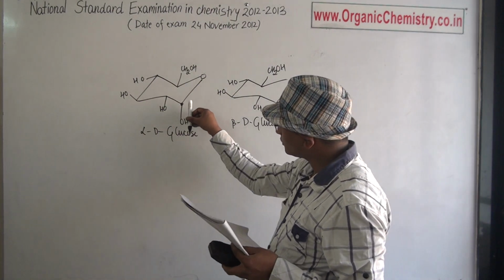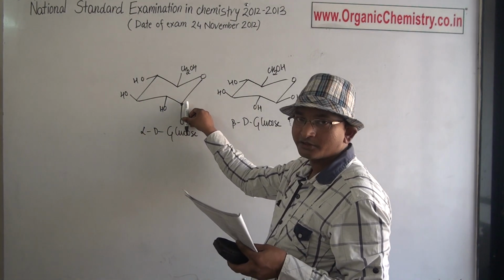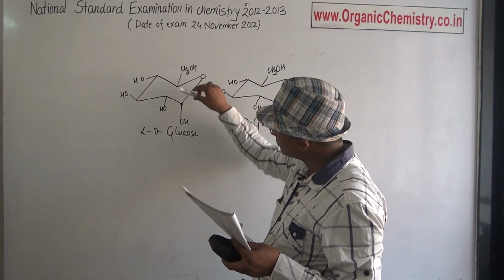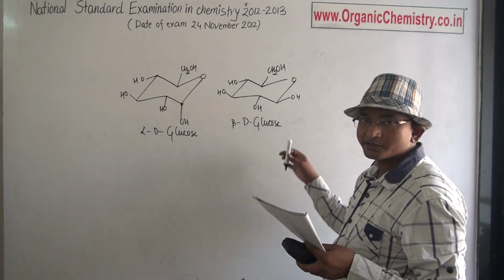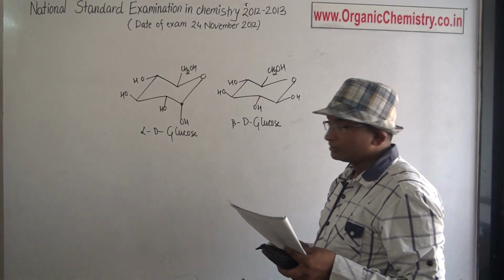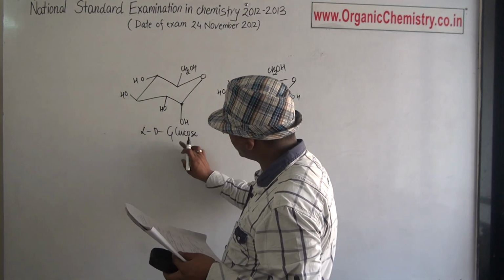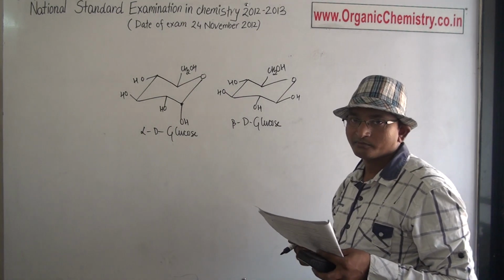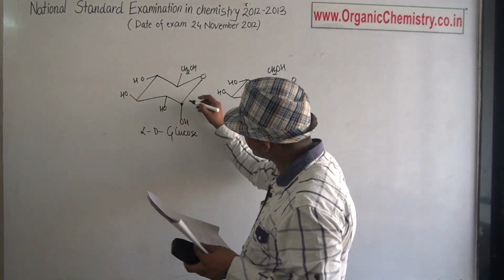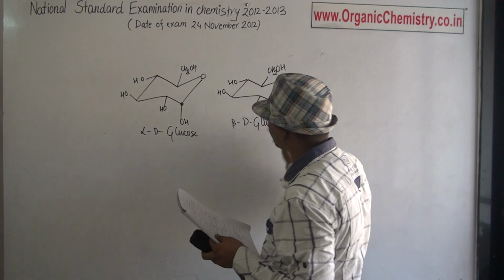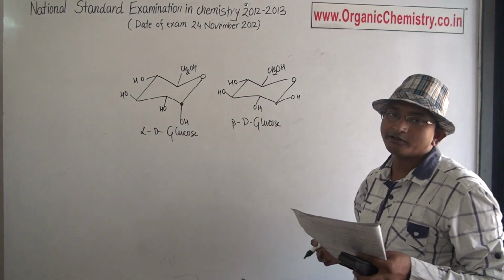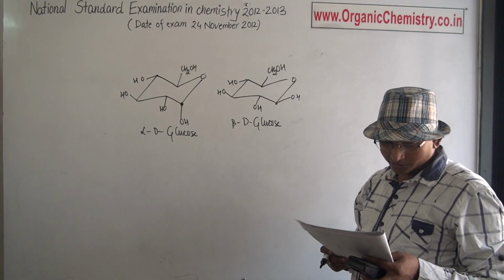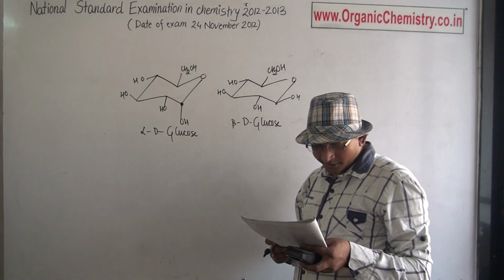If OH is present on the axial position, downside, it is called alpha, and on the equatorial position, upside, it is called beta D glucose. The IUPAC name of this is glucose. The compound is the same. There is only a difference at this particular carbon, a difference in stereochemistry over this carbon.